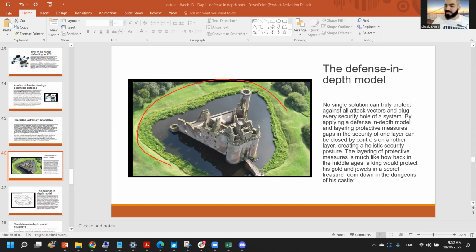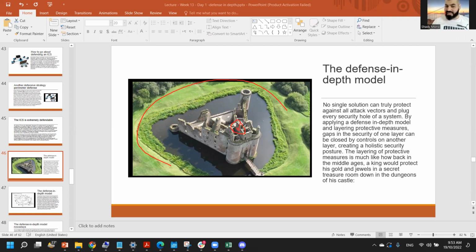No, start with multiple layers and let each layer be there. Even if the attacker manages to bypass one layer, the other layers will be able to defend your important asset.